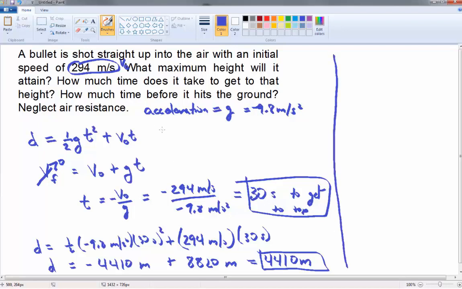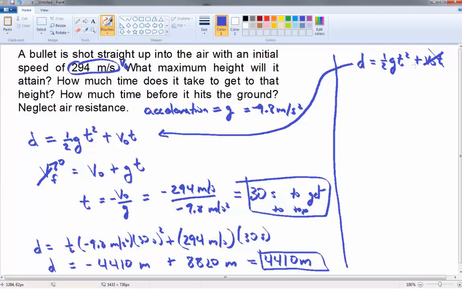So this equation basically says d is equal to 1/2 gt squared plus v0t. And what we're going to do here is say that on the way down, this part is 0, because it reaches the top, it stops, then it comes down.